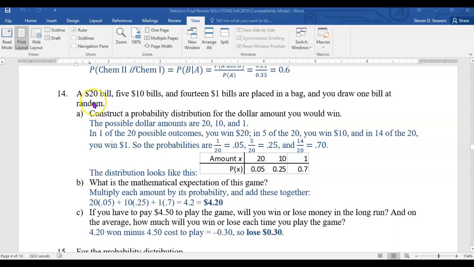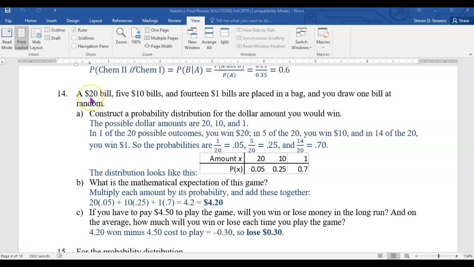Number 14, a $20 bill, 5 $10 bills, and 14 $1 bills are placed in a bag, and you draw one bill at random. First, construct a probability distribution for the dollar amount you would win. So a probability distribution has 2 parts to it. First, it's got a list of those dollar amounts.